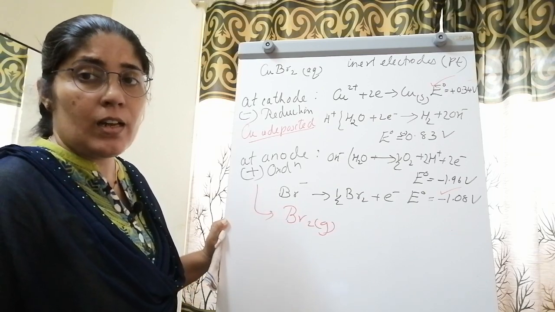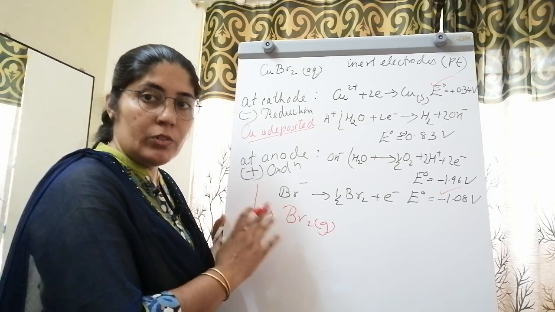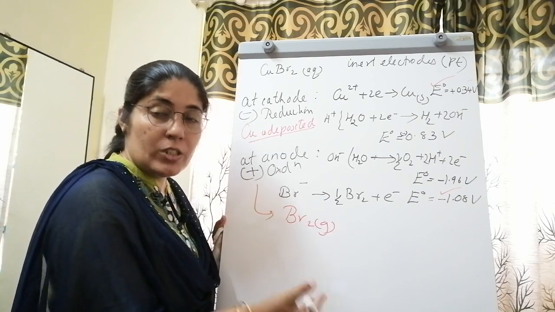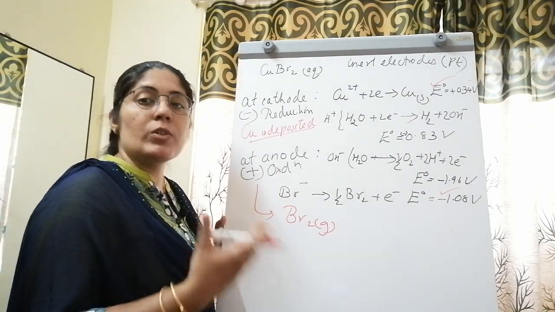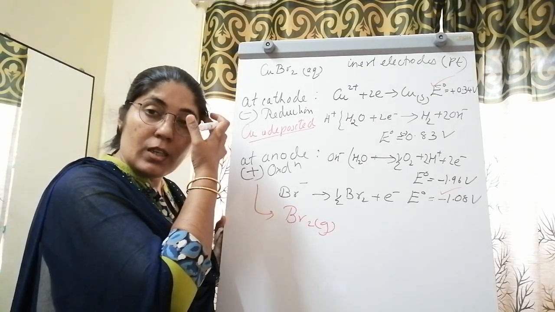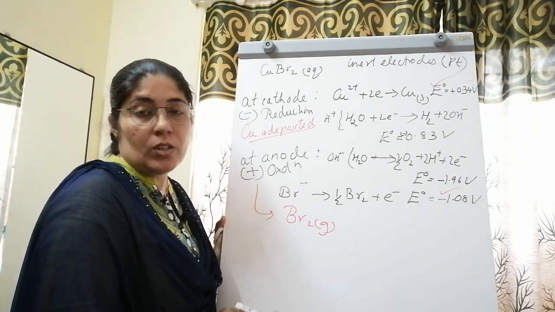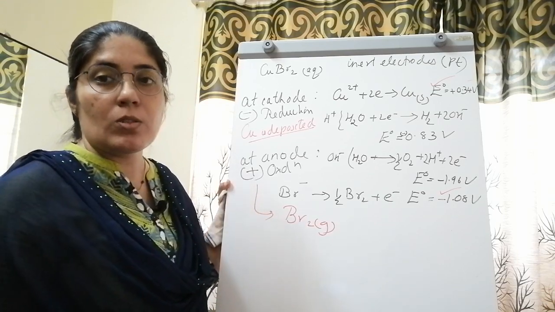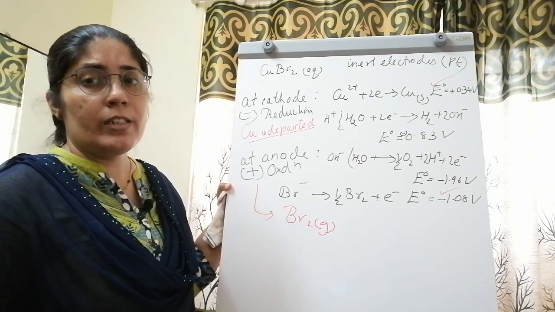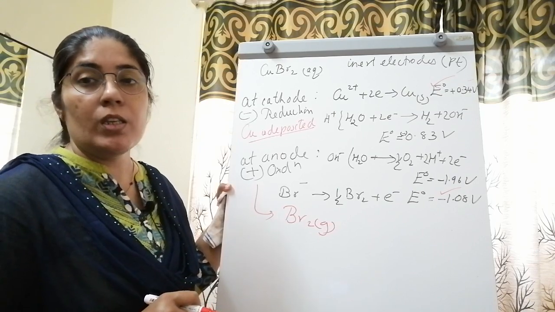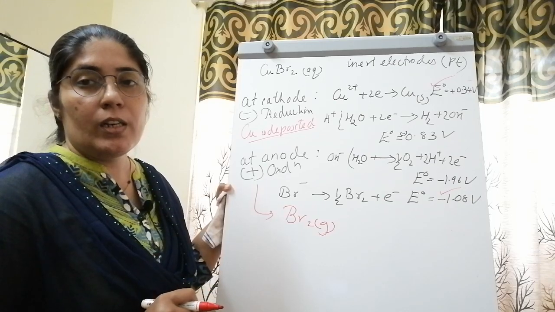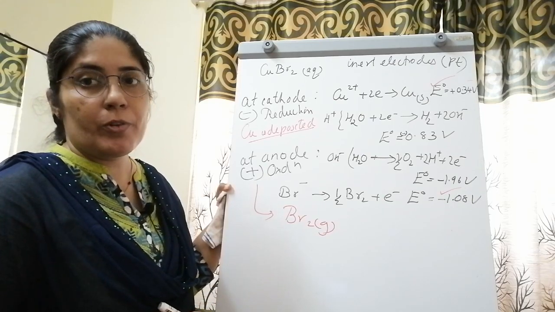In our next class, as you would already have seen here, we have depositions and liberations at anode and cathode. Because all these processes are used in industry for industrial preparation of many types of products, when we are running an industry we will be very particular about the cost price invested, what price we will have for preparation of each type of component.